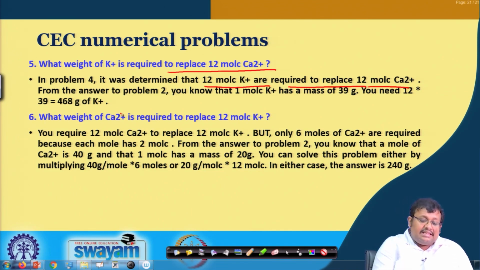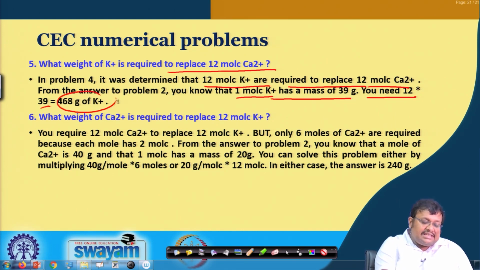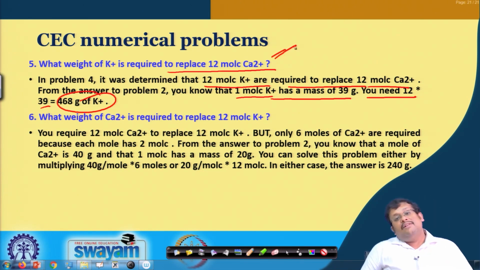Now, from the answer in problem 2, the table where we calculated the mass of molar charge, we know that 1 molar charge of potassium has a mass of 39 grams. So, we need 12 multiplied by 39, that is 468 grams of potassium ions to replace 12 moles of calcium ions.